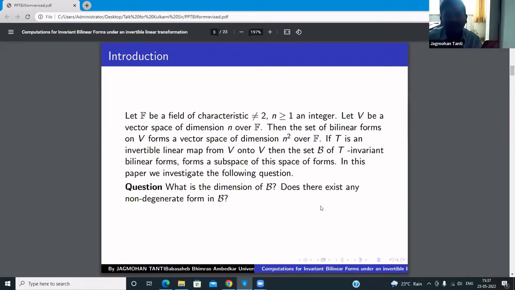The question is to find the dimension of this subspace of invariant bilinear forms and investigate whether there exists any non-degenerate form in this subspace.